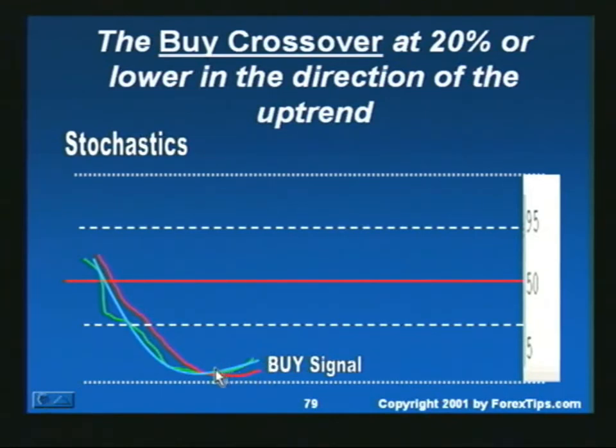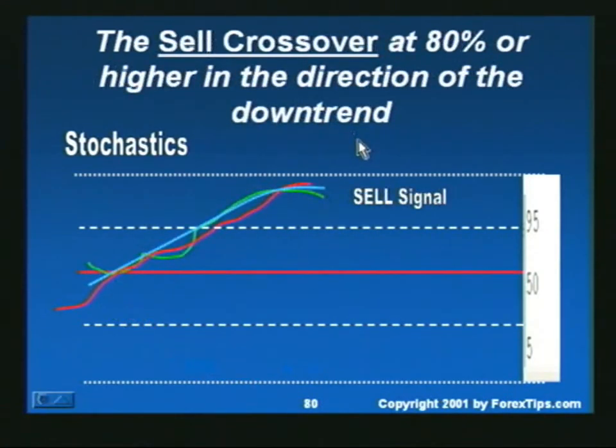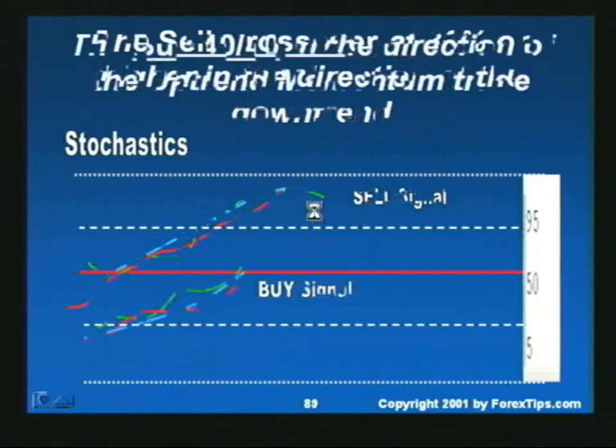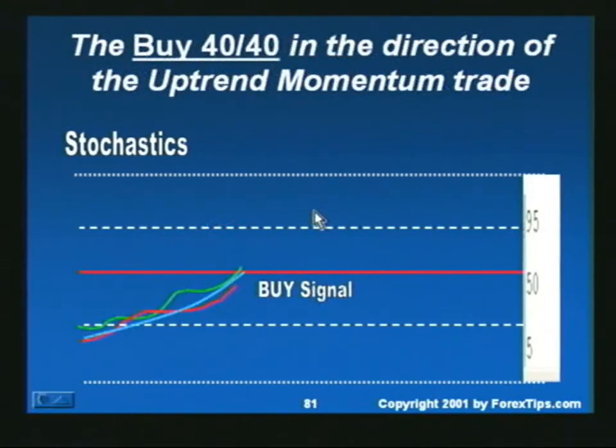Now, how this becomes really effective is you want to take advantage of this buy signal in the direction of an uptrend. Conversely, stochastics gives off a sell signal whenever the market is crossing over at 80% or greater. It is offering a sell signal, but only take advantage of those sell signals in the direction of the trend.